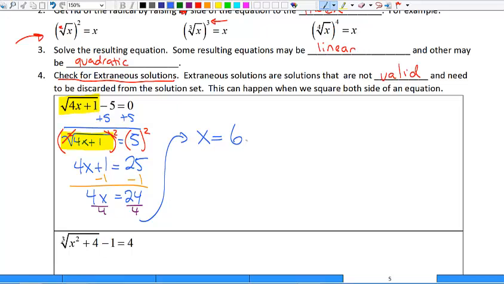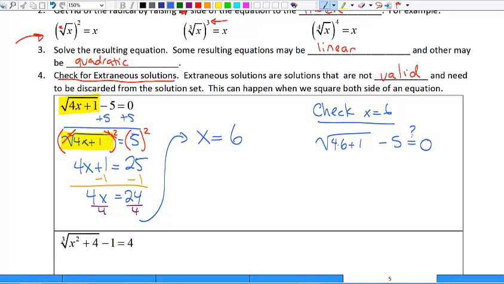I say potential because I have to do step 4, check for extraneous solutions. There is no shortcut here. I just have to check all of my answers. In this case, I only have one answer, which is nice. So I have the square root of 4 times x, but x is now 6, plus 1, minus 5 is supposedly equal to 0. I say supposedly equal to because I don't actually know if it's right or wrong. That's the whole point.